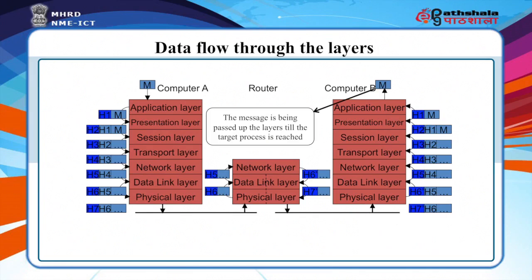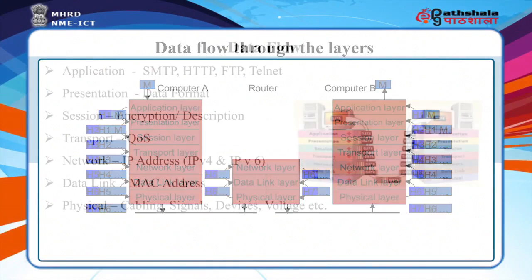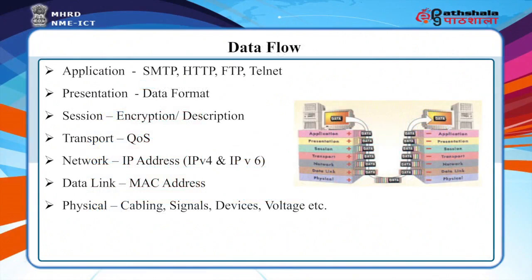Finally, the message reaches computer B. So this is how layers work for data flowing in the network, and this is one of the network models or protocols used.